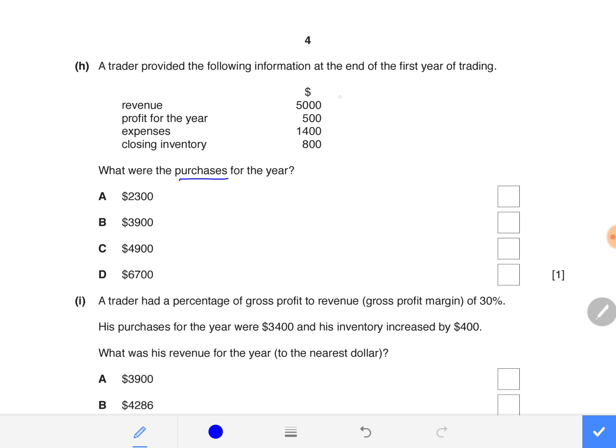If you are given revenue, profit, expenses and closing inventory, and it says this is the first year of trading, that means there is no balance b/d, which leads to no opening inventory.